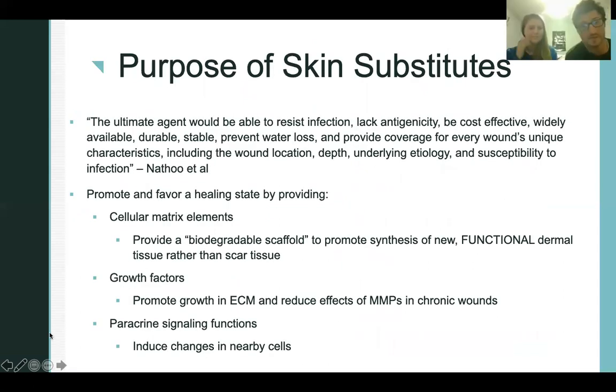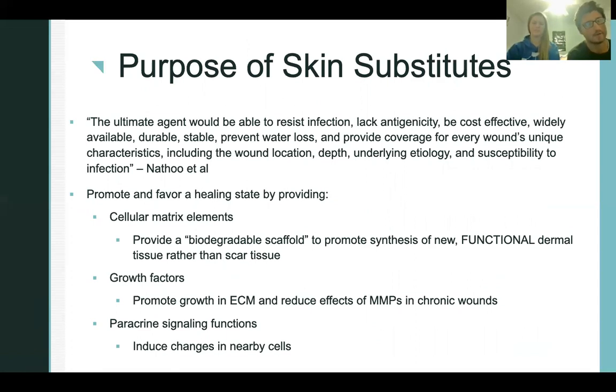So the purpose of the skin substitutes, this was a quote derived from one of the articles that we pulled talking about these different products, saying that the ultimate agent would be able to resist infection, lack antigenicity, be cost-effective, widely available, durable, stable, prevent water loss, and provide coverage for every wound's unique characteristics, including the wound location, depth, underlying etiology, and susceptibility to infection.